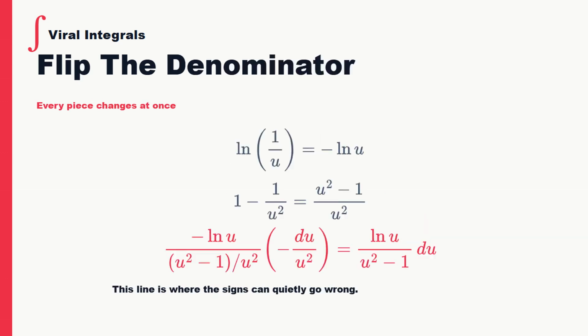And let's just note that the natural log of 1 over u is just negative natural log u. And if we perform some simplifications, we can see that the integrand becomes natural log u over u squared minus 1, which is exactly the negative.